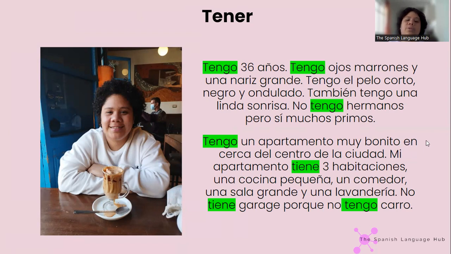Bien, tengo un apartamento muy bonito cerca del centro de la ciudad. Mi apartamento tiene 3 habitaciones, una cocina pequeña, un comedor, una sala grande y una lavandería. No tiene garaje porque no tengo carro.